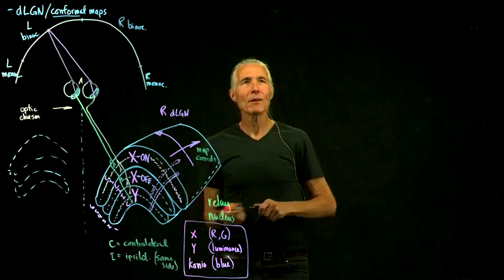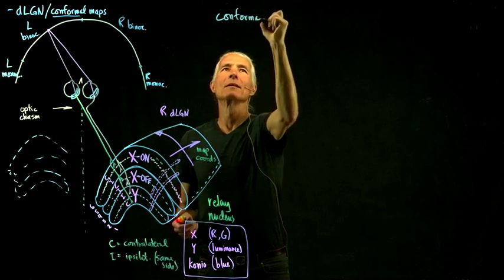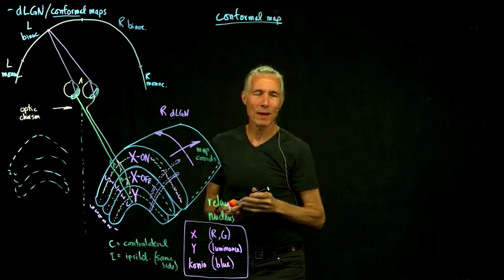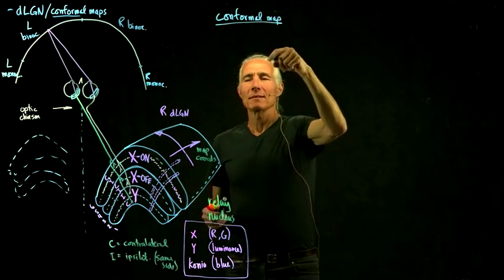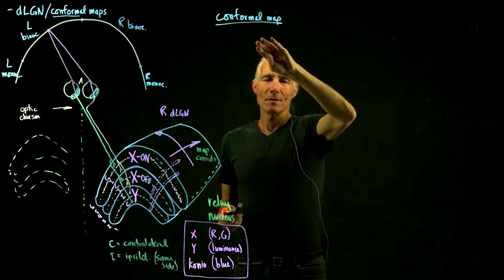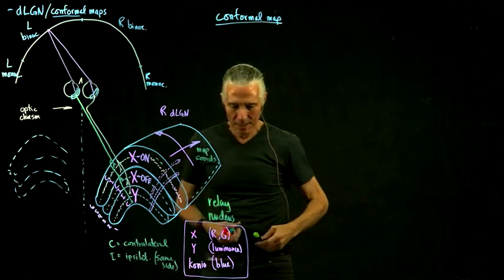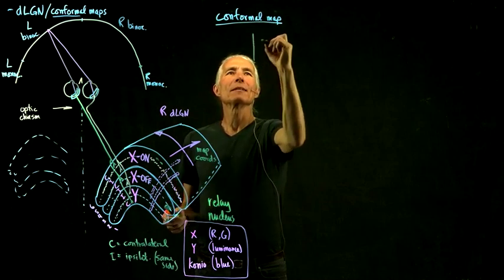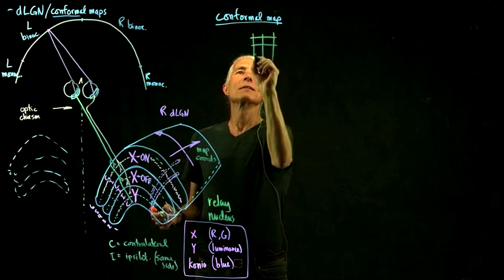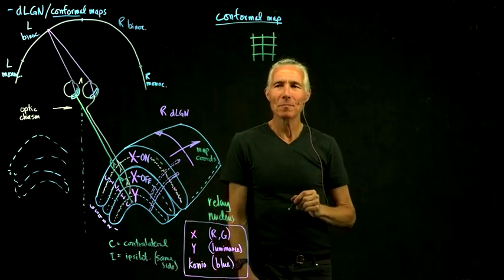If we start off with a simple example of a conformal map, we're just doing it in 2D. We have a map with x and y coordinates, and then we're mapping to another copy of that first map, but changing it somehow. So we make a little chunk of a Cartesian map, and now we're going to make a conformal map.